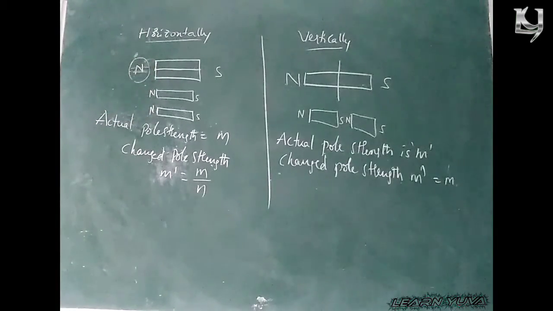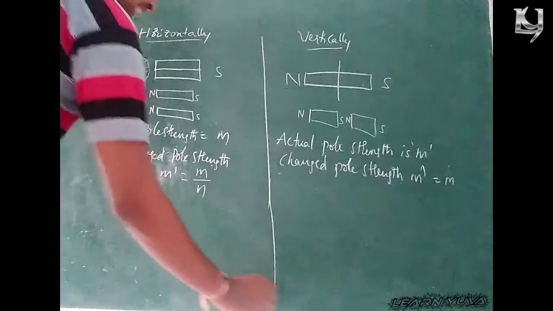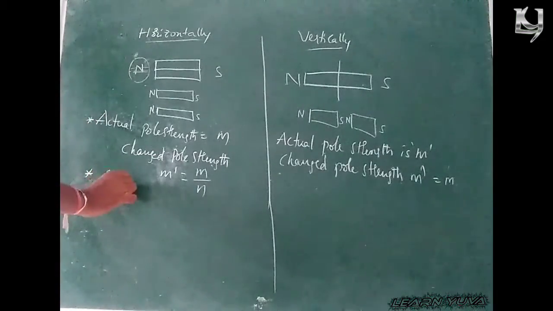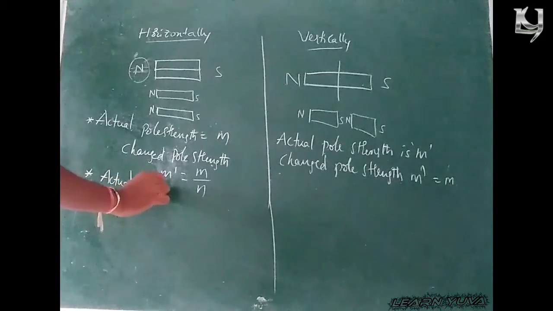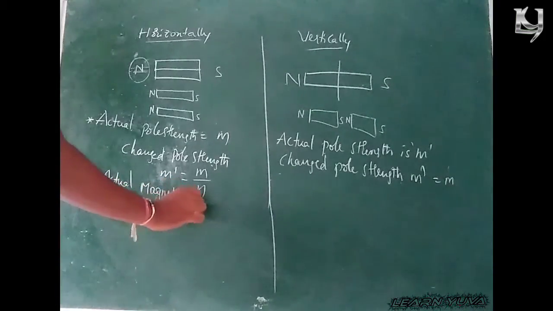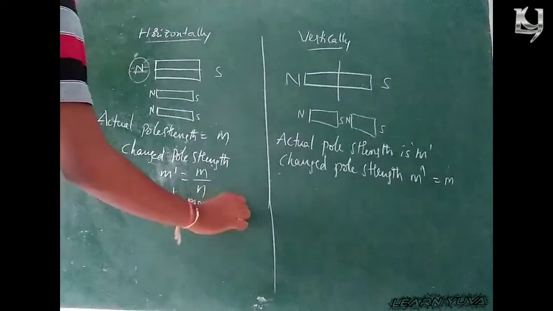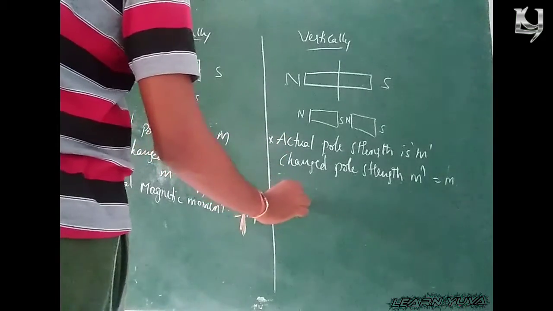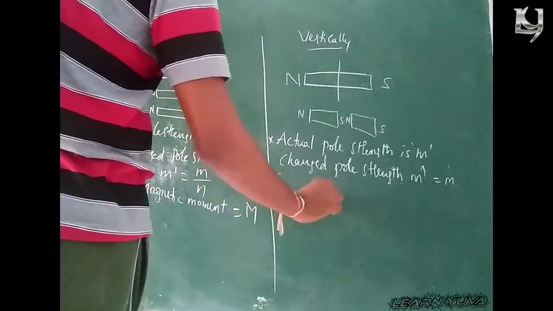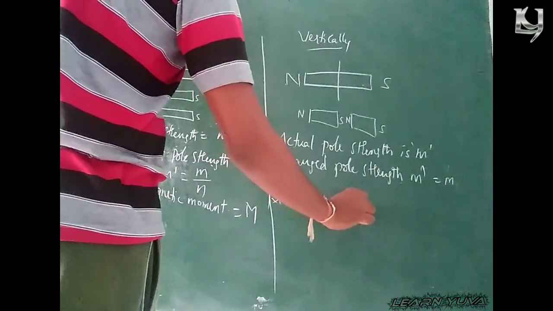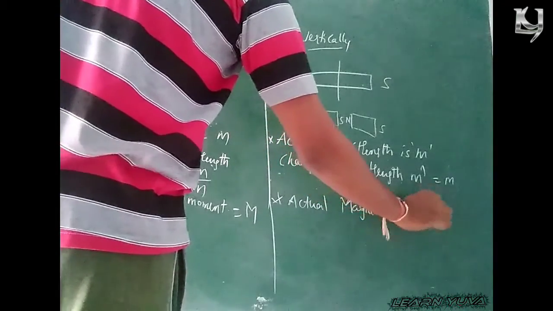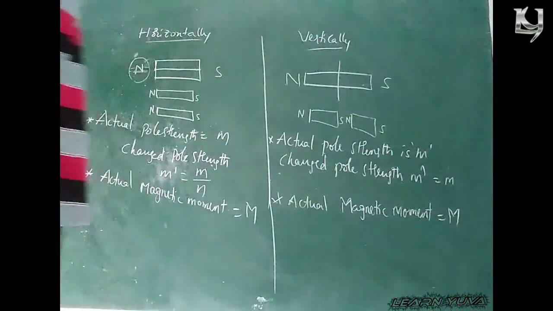What happened to its magnetic moment? Here, the actual magnetic moment is capital M, because magnetic moment is denoted by capital M. Right?